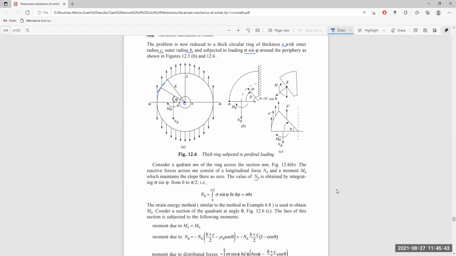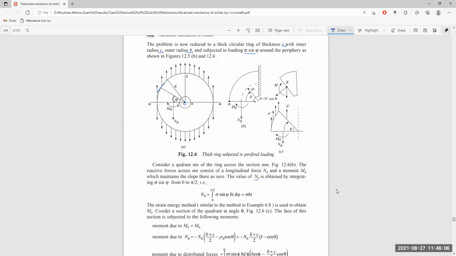B is the radius of this external circle, multiplied by thickness T, which is the thickness of this portion of the ring, again multiplied by T phi, an elemental area, which subtends an angle phi at the center here.